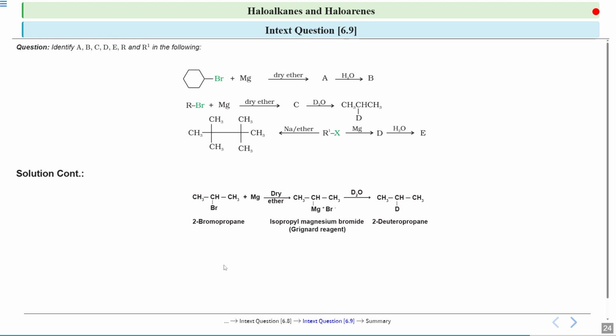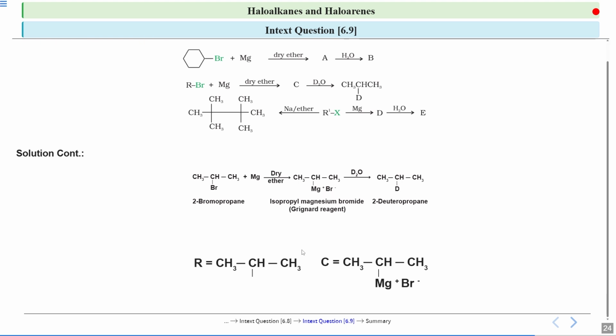So R is the CH3CHCH3 group, and C here is actually CH3, CH, Mg positive, Br negative, CH3. So C is a Grignard reagent, isopropyl magnesium bromide, and R is basically this isopropyl group.